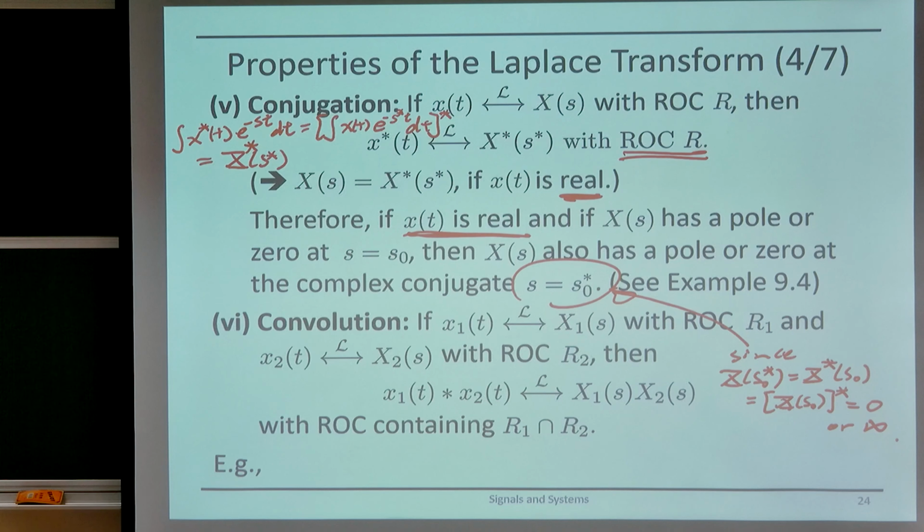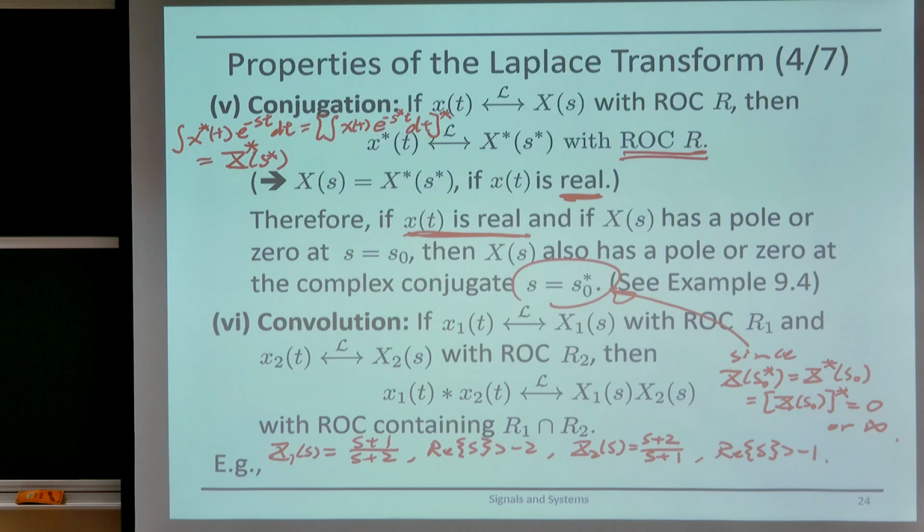For example, suppose x1 of s equals s plus 1 over s plus 2, with a region of convergence greater than minus 2. And suppose x2 of s is s plus 2 over s plus 1, with a region of convergence greater than minus 1. The intersection of these two regions should give you a right half plane to the right of minus 1.